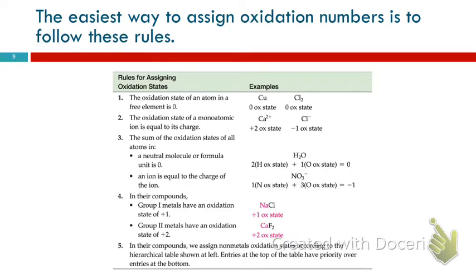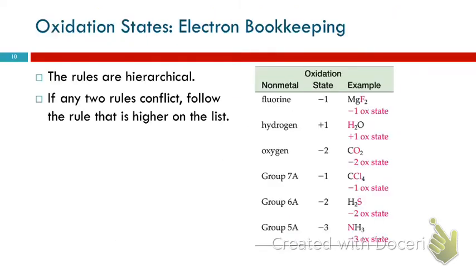So the table's shown at left. Well, it's not shown at left, it's shown here. So with these rules, you start at the top and you go down. And if you've got rules that conflict, you always use the one on top. So this is like an order of who gets their way. Because what would fluorine have as a charge if it was an ion?